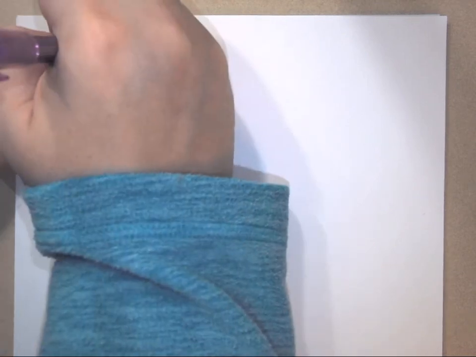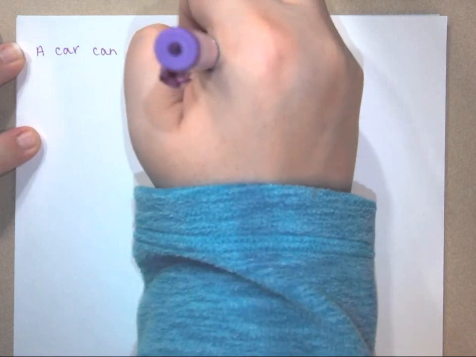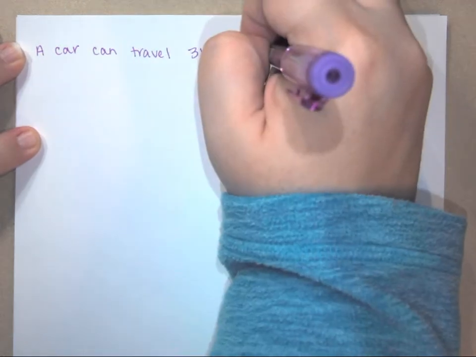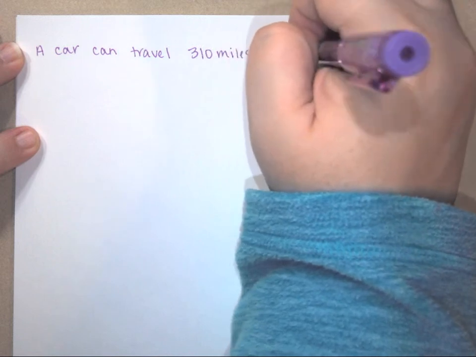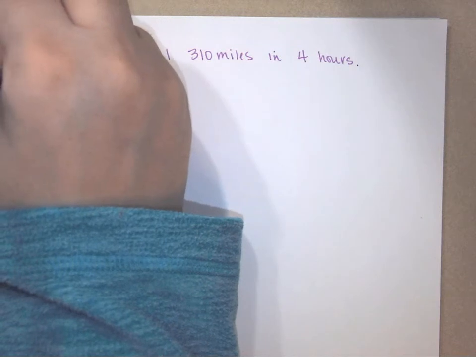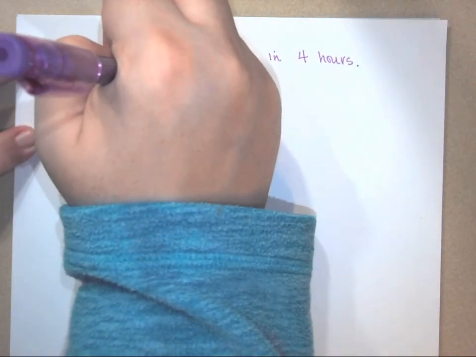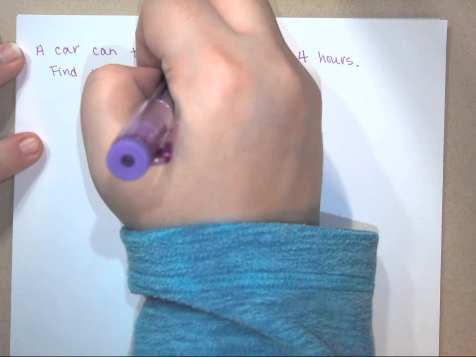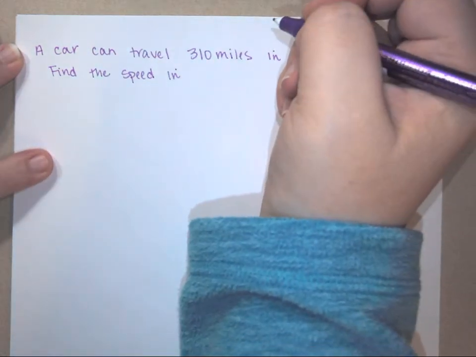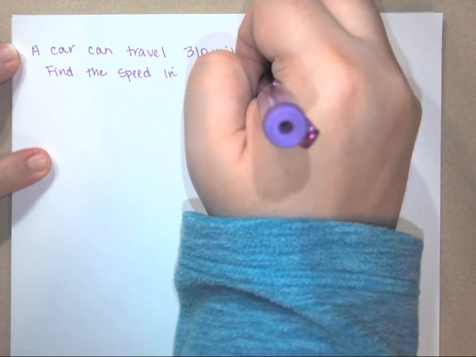So for example, if we have that a car can travel 310 miles in 4 hours, the question might say, find the speed. And then it's going to tell you how to label it. And in this case, it would say miles per hour.